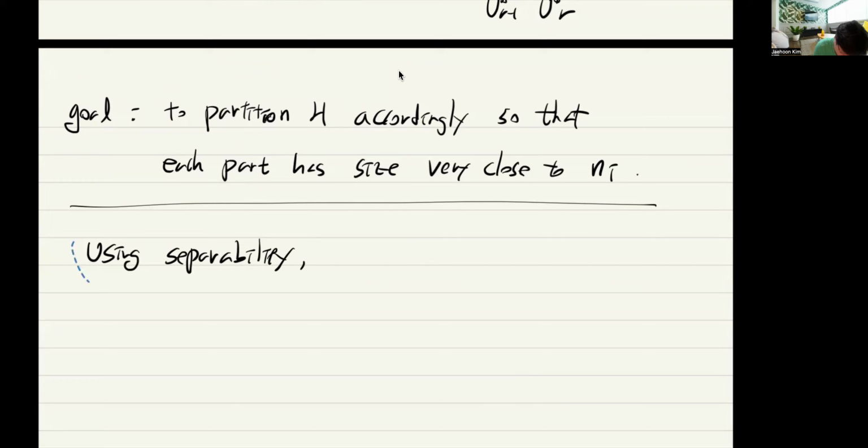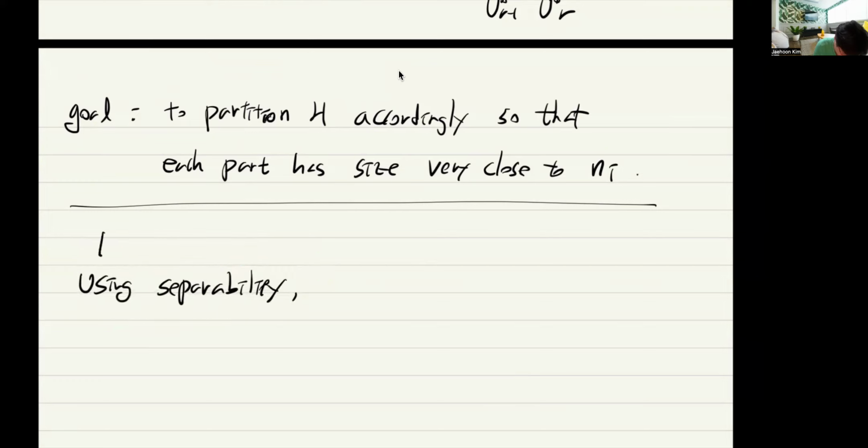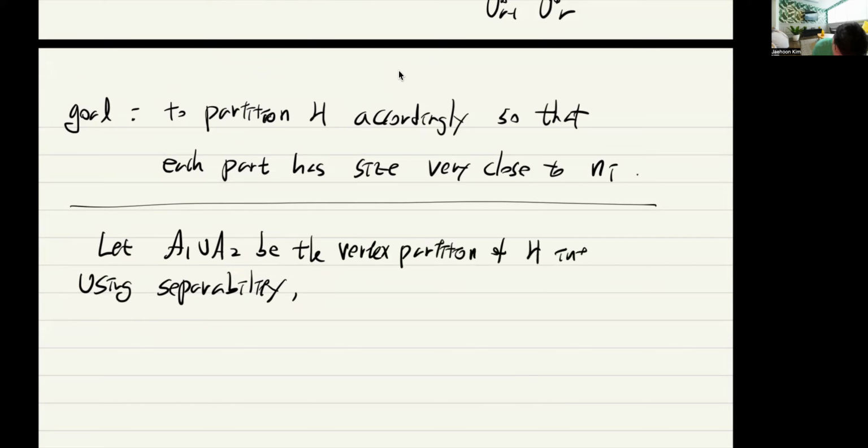Before using separability, this is a bipartite graph. So let A1, A2 be the vertex partition of H into two independent sets.